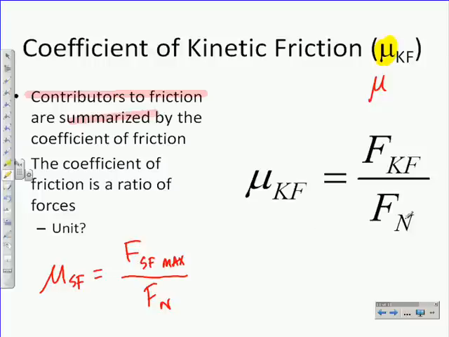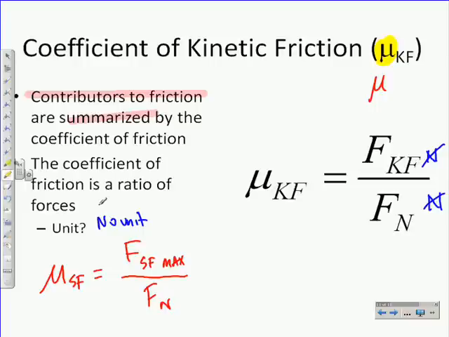If you look at the formula for coefficient of friction, you're taking a force in the numerator, dividing it by a force in the denominator. If you look at the units, force in the numerator is going to be measured in newtons, because that's what force is measured in. Force in the denominator, also going to be measured in newtons. If you have newtons over newtons, those units will cancel, and there is no unit on the coefficient of friction, because it's a ratio of forces.